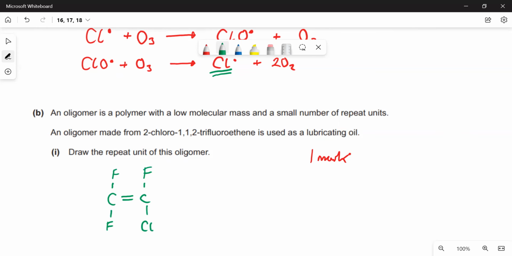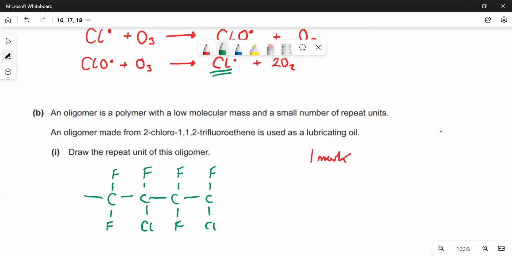How is that going to polymerize? Well, you're going to get another one, the same, next to it, aren't you? And you're going to break the double bonds, and you're going to form a new bond between these carbons.